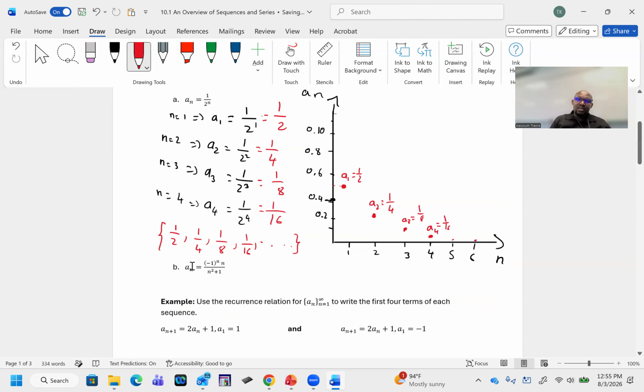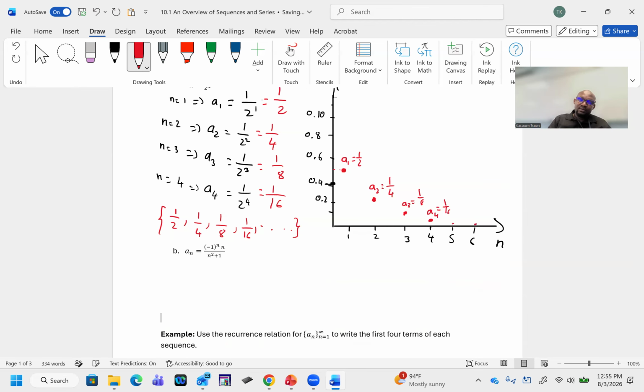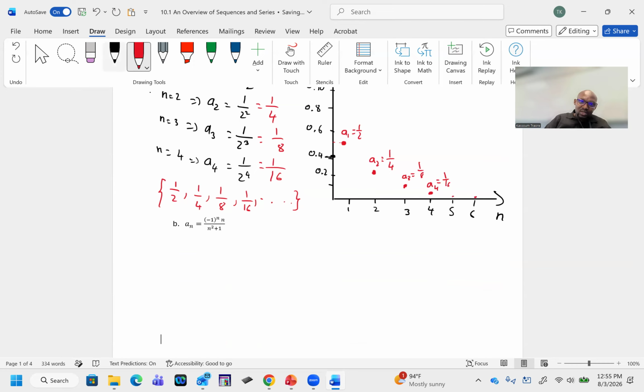Same thing. Let's do B. Again, on B, we use our calculator, okay?